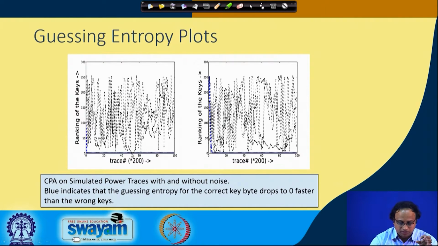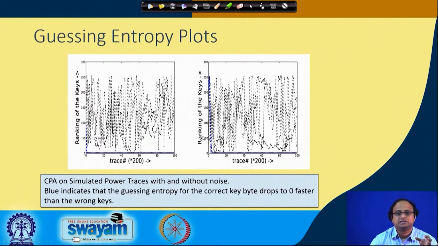If you observe here, with something like more than 40 into 200 traces, the blue line shows that the ranking of the correct key goes to 0. That means it is identified. Now the interesting thing is that if you add more noise, this will become sluggish, and it will take more traces to get down to 0.